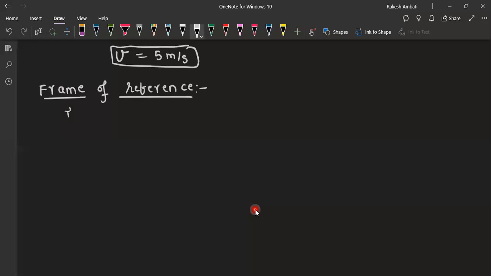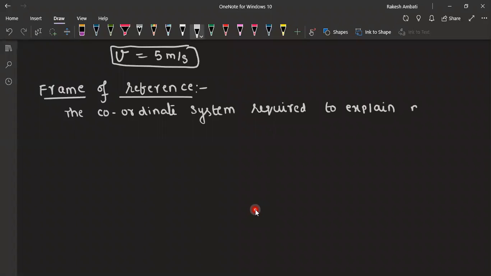Write down: the coordinate system required to explain the motion of a body is frame of reference, FOR.